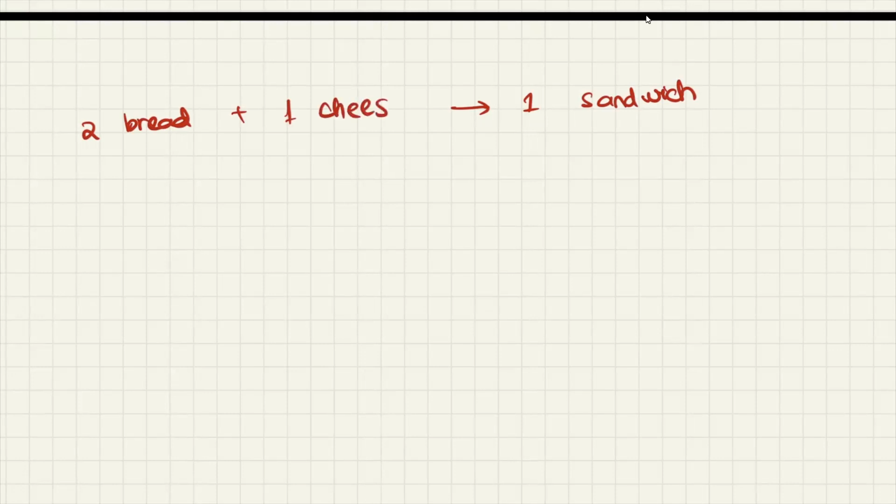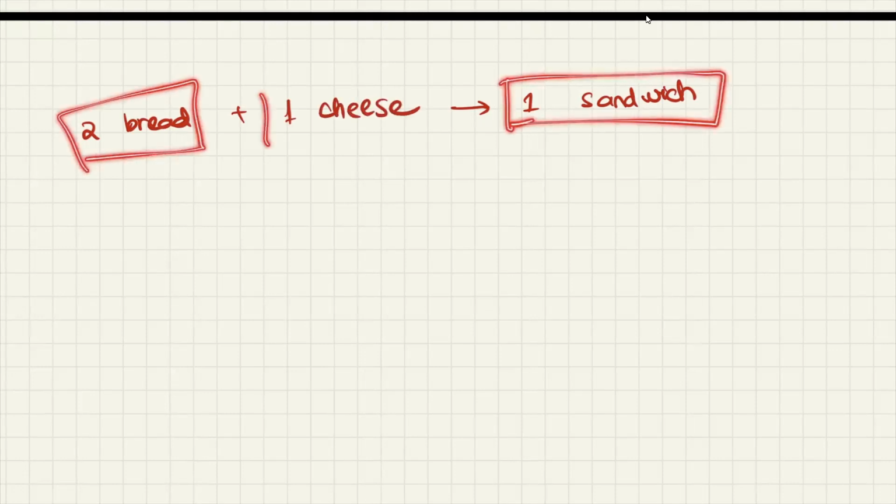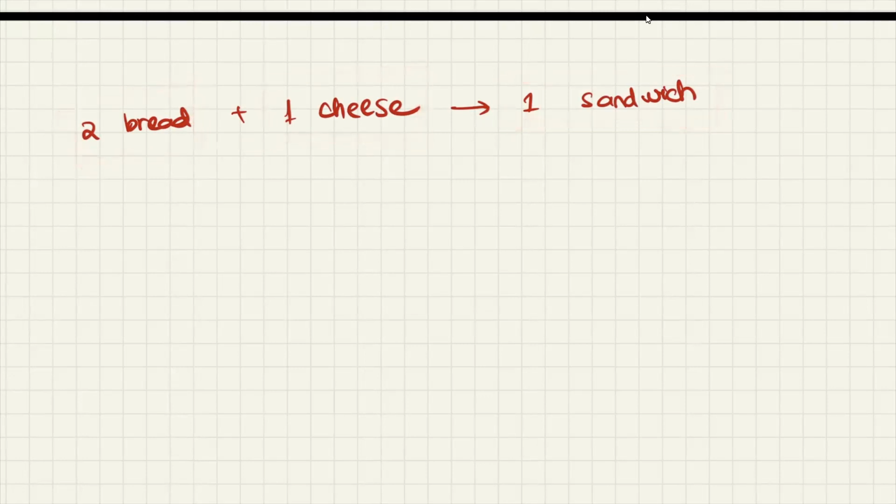Let's say you want to make a sandwich. To make this one sandwich, you need 2 breads and 1 cheese. And let's say you have 10 breads and you have 7 cheese.